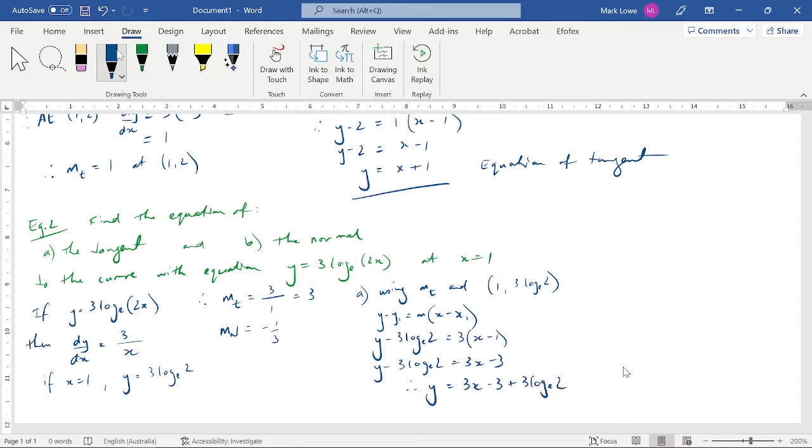It's not necessarily going to be a nice looking equation. We're just going to use the exact values that are there for our y coordinate.